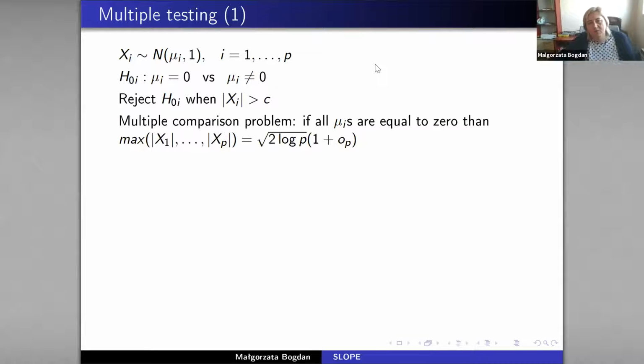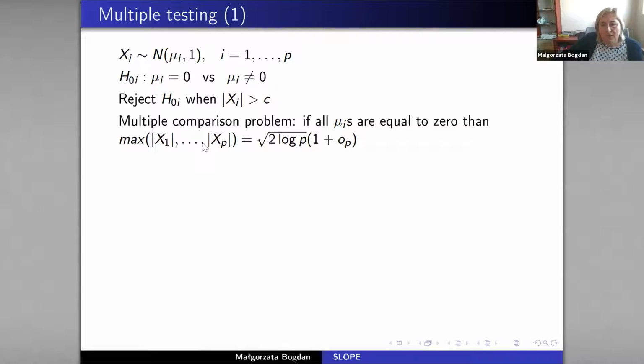Okay, so I'm doing such tests for P genes. P is in thousands. So we currently can measure the expression level of thousands of genes. In some situations, we do multiple testing when we have millions of tests to do at the same time.